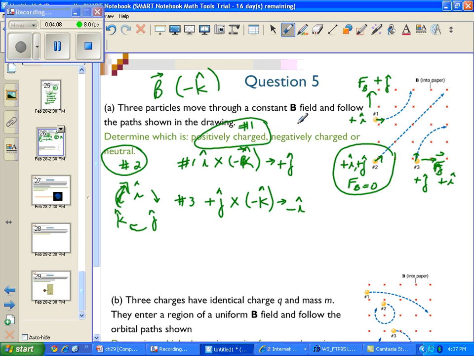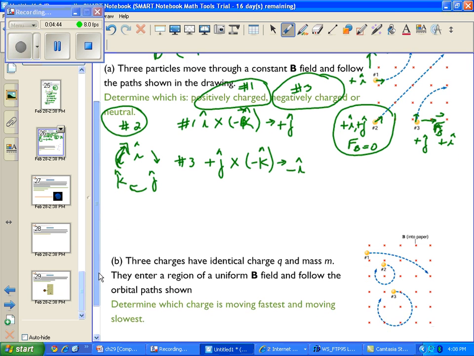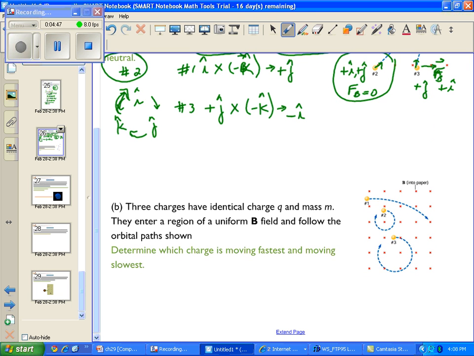Therefore, it must be that particle 3 is negatively charged, because the right hand rule predicts the minus i hat direction, but the actual bending that's occurring, as the diagram indicates, is in the positive i hat direction, which means Q must be negative.